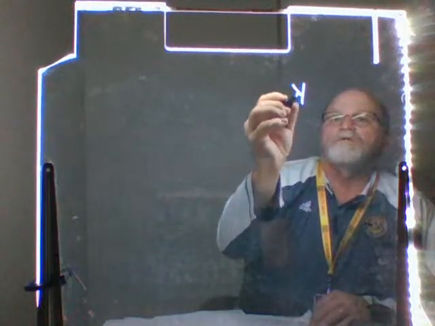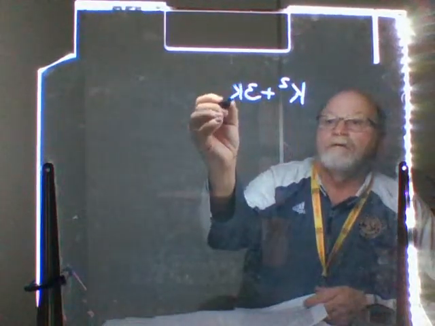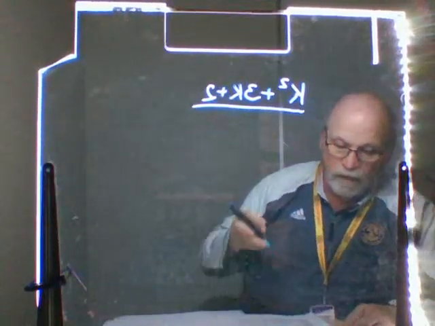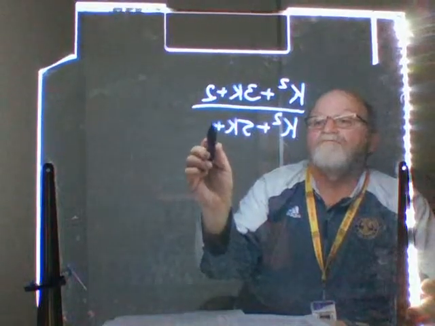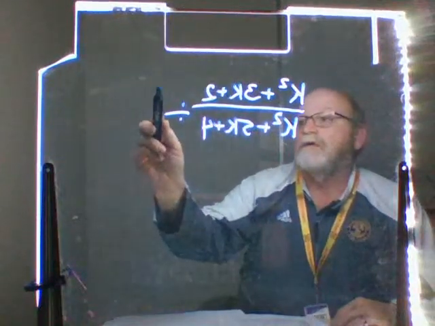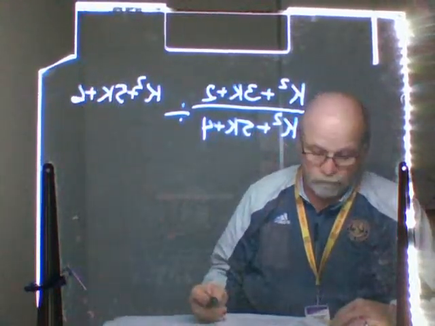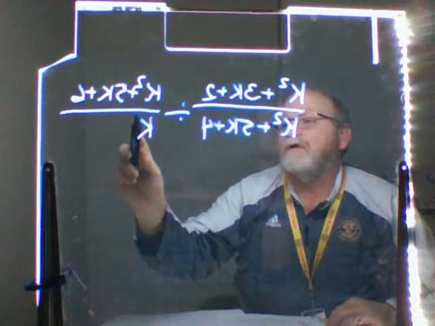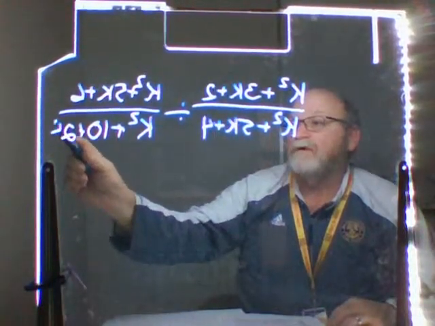So let's take k squared plus 3k plus 2 over k squared plus 5k plus 4 divided by k squared plus 5k plus 6, and then that divided by k squared plus 10k plus 24.